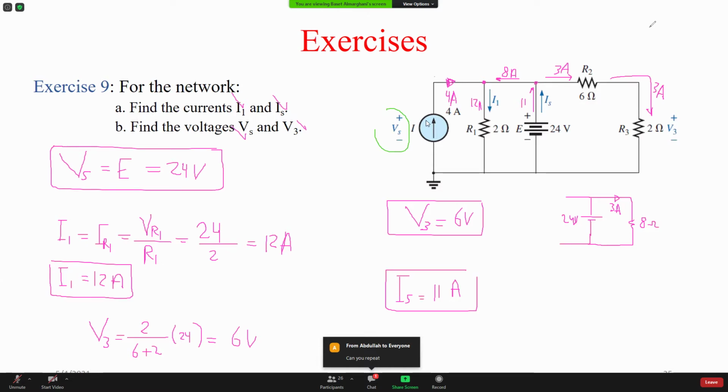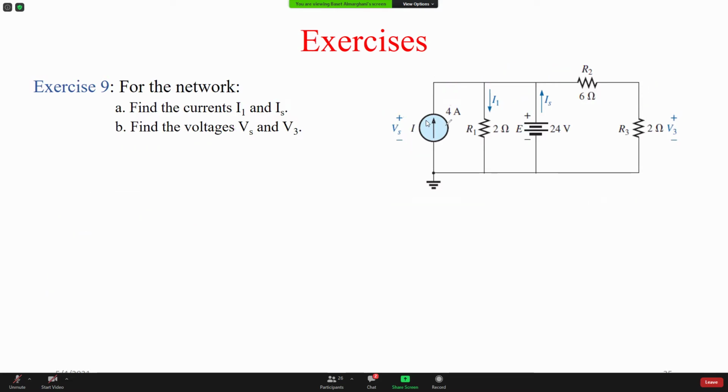Repeat what? Okay. The current here is 12, this current. Voltage divided by the resistance.